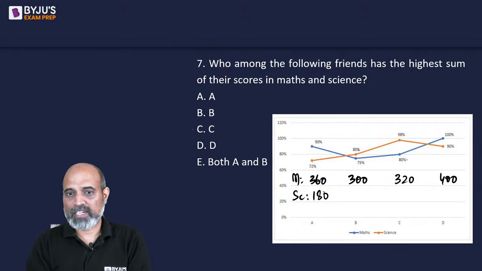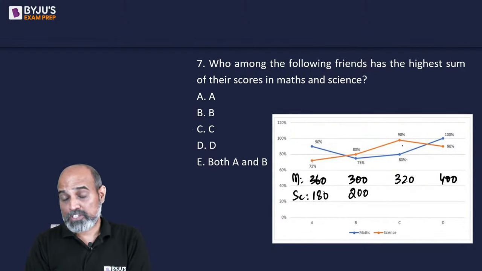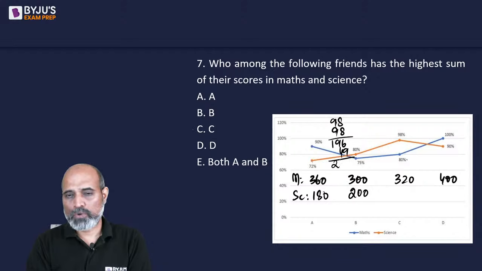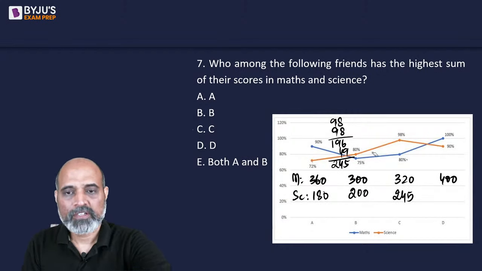We have 80% of 250, which is going to be 200. We have 98% of 250, which is going to be 196, and then another 49. So 245. So this is 245. Right.